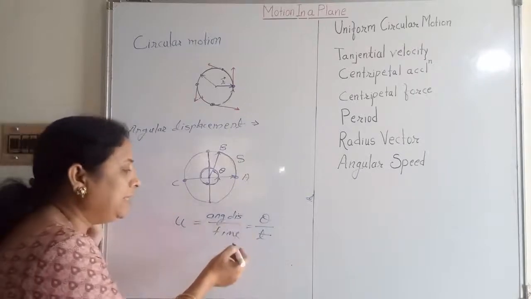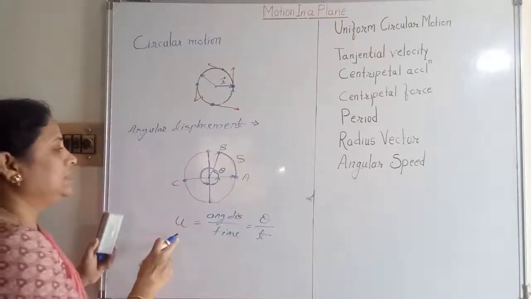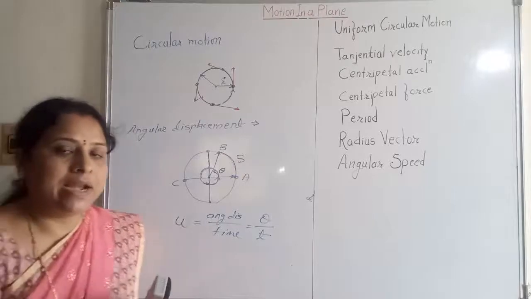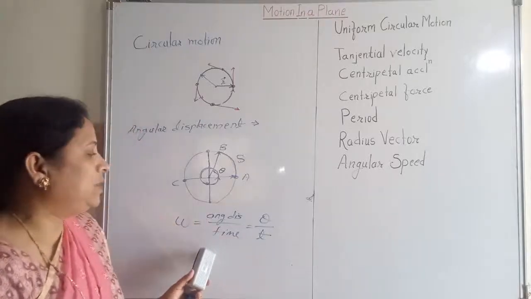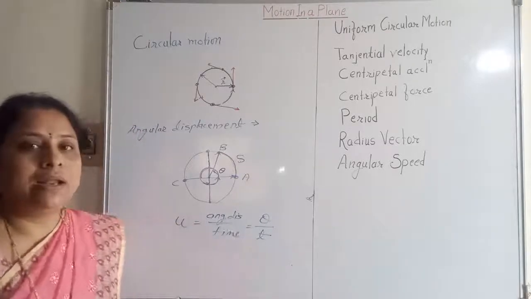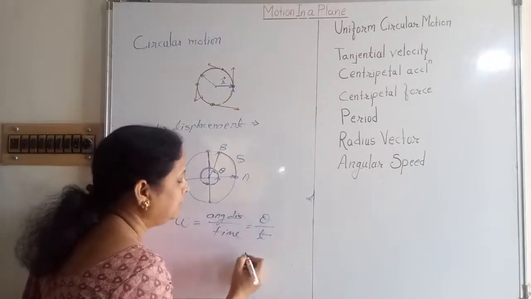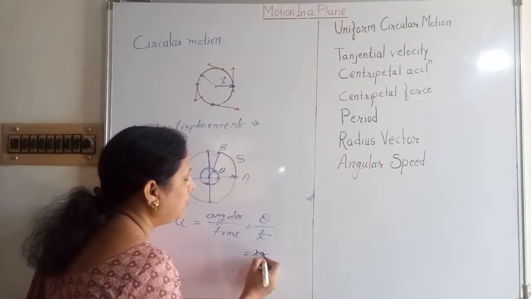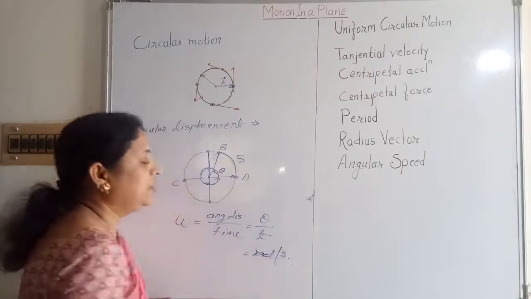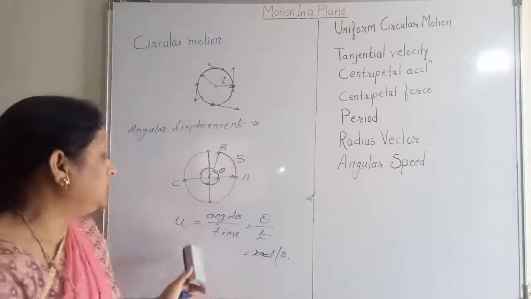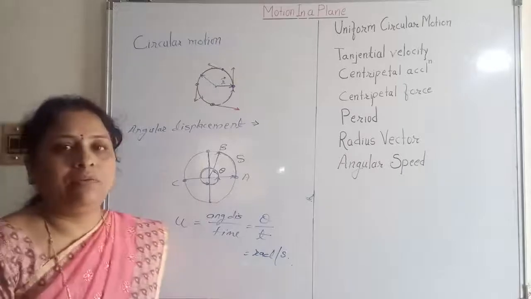Angular displacement in the given time gives us the angular velocity. As theta is measured in radian and time is in second, the SI unit for angular velocity is radian per second. This is about the angular velocity.